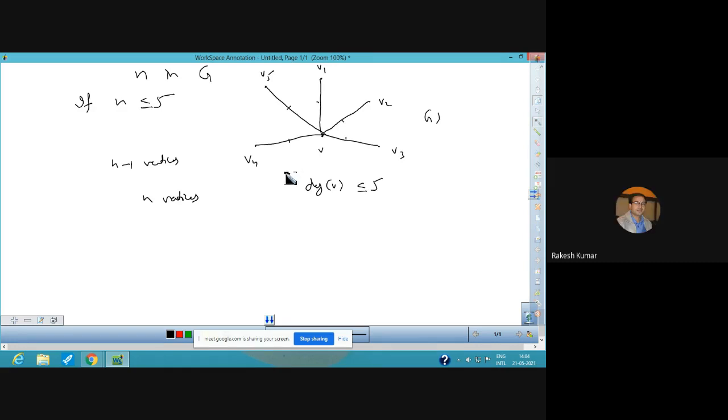G dash be the graph obtained by deleting V from G, and by the induction hypothesis, G dash requires not more than 5 colors. Okay, and just see, this is 5 colorable. 1, 2, 3, 4, and 5. So 5 colors will be used to paint the vertices of this graph, and this cannot be 1, this cannot be 2.